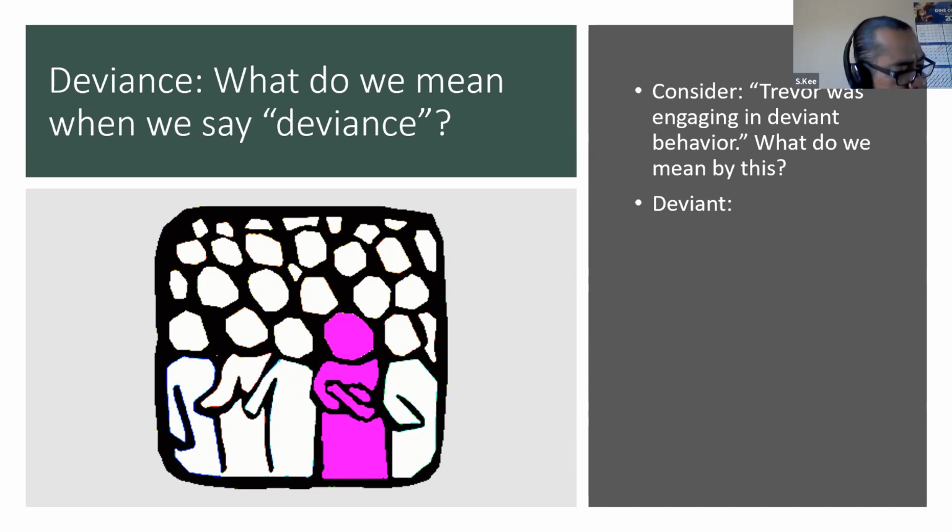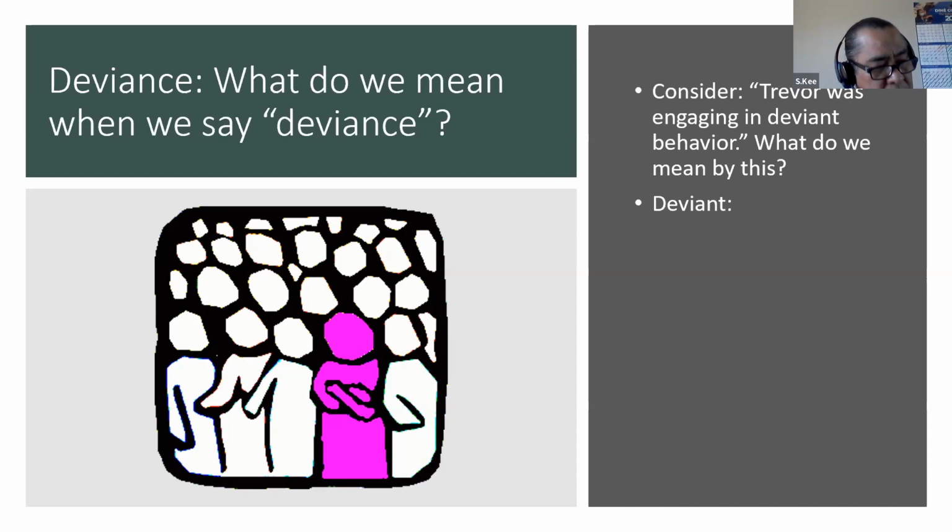Dr. Russ? Yes. Deviant behavior would usually mean negative behavior. Often it means negative, yeah. But it's deviant from what, Sean? And what exactly might Trevor be doing?